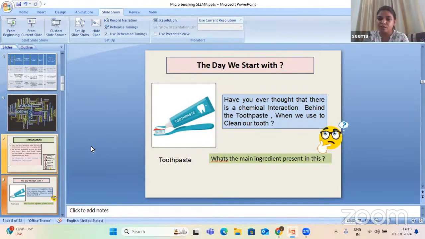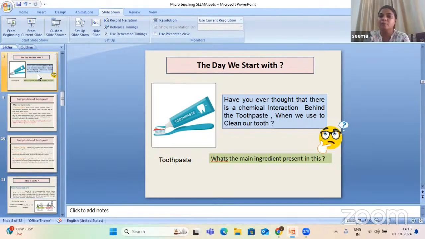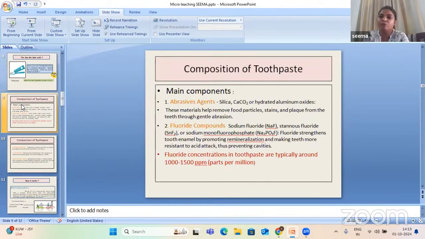Have you ever seen chemistry at breakfast? Such questions create interest, and answers come up from the students, like yes, we see chemistry in toothpaste, and then I explain the composition of toothpaste.